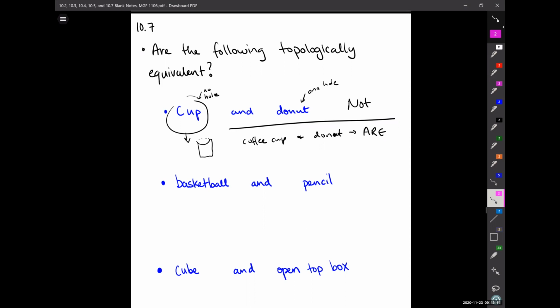Ignore that. So in this case, we would think about under these constraints, a basketball has 0 holes. It's just a solid. And a pencil also has 0 holes. It's also a solid. Since they're in agreement, then these are topologically equivalent.